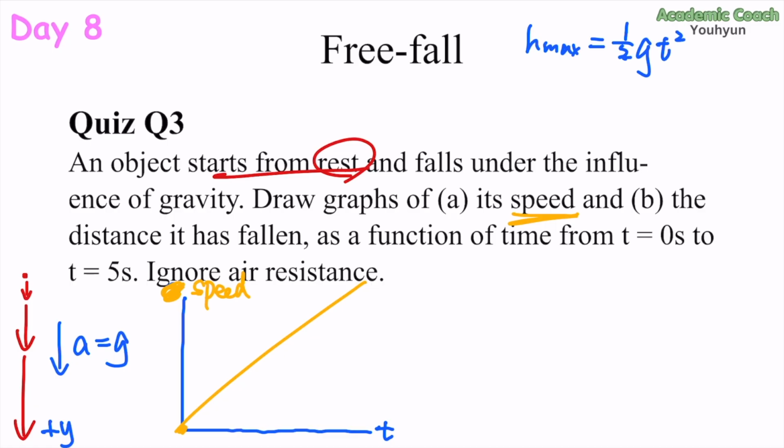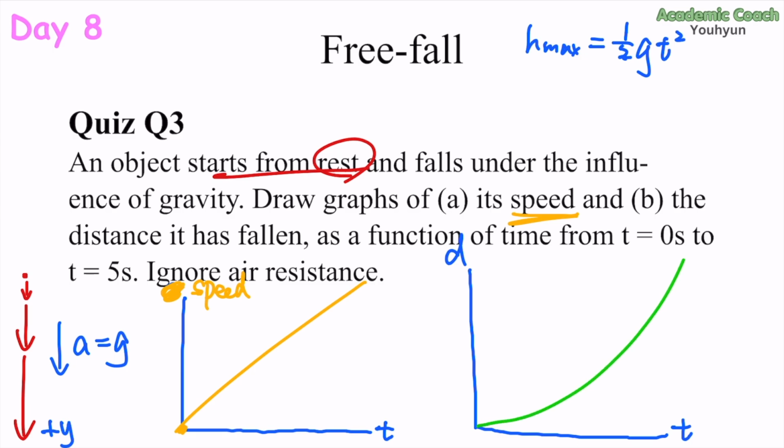We can also use that when an object is dropped from rest, from a height to the bottom. So the distance it has traveled is the same as h. So if we draw it as a function of time, it will be a quadratic function with a coefficient of 1/2 g.